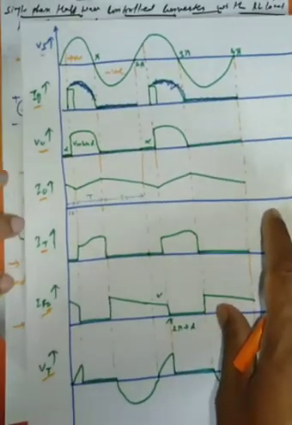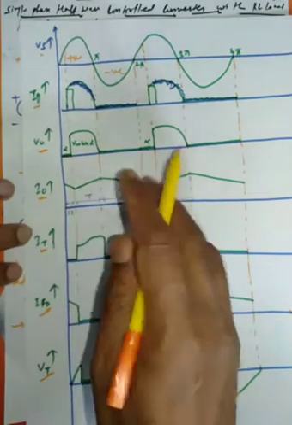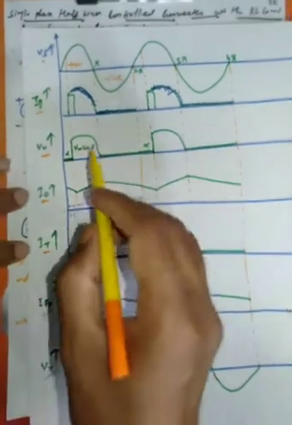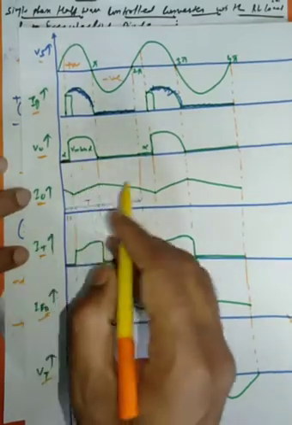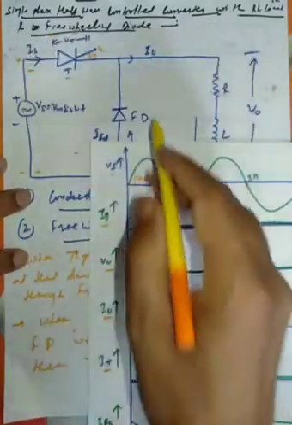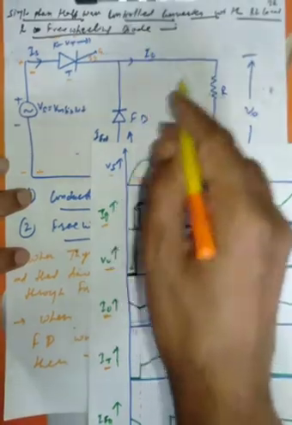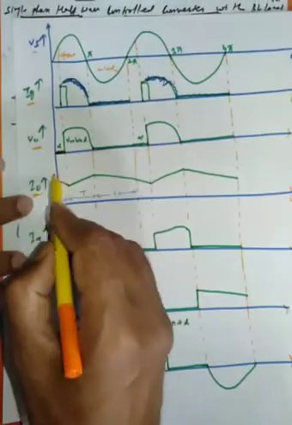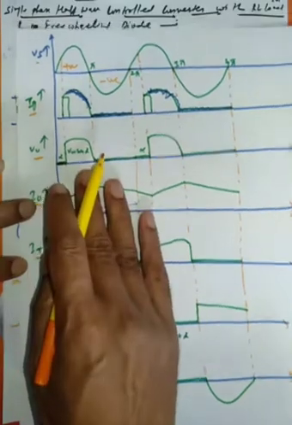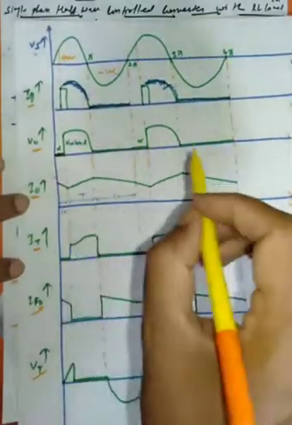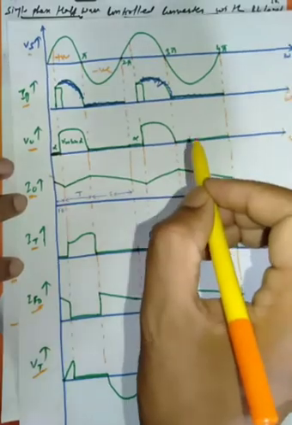Now the output current. Whenever the thyristor is not working, the freewheeling diode will be working, so there will be current flowing through this circuit because of the inductor. You can see this output current is in decreasing mode because of the charge stored in the inductor.